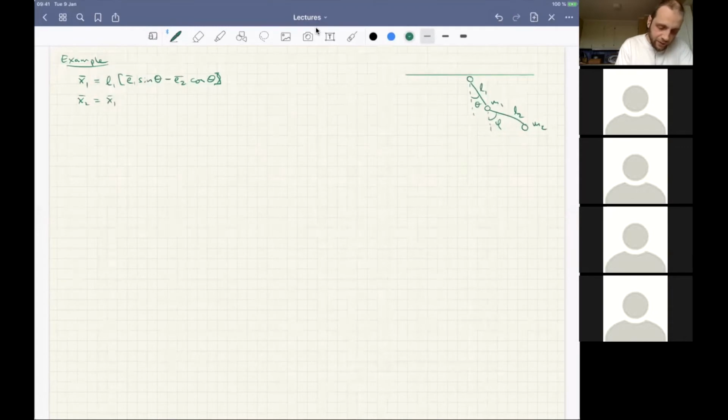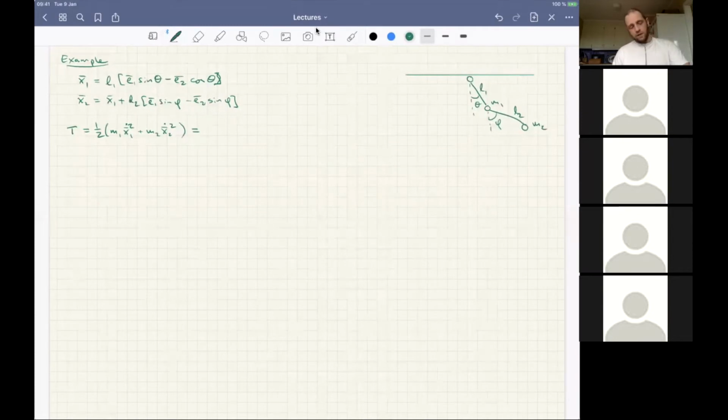It's going to be x1 plus L2 e1 sine phi minus e2 cosine phi. Now, the kinetic energy in this case is 1/2 m1, the time derivative of x1 squared, plus m2, the time derivative of x2 squared.